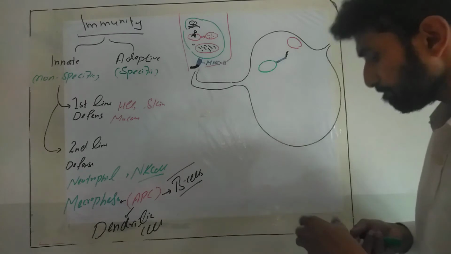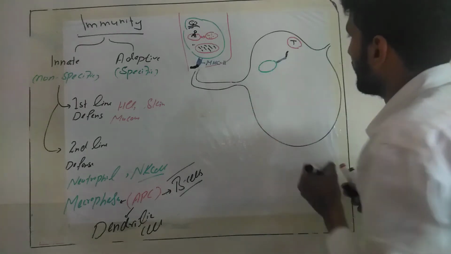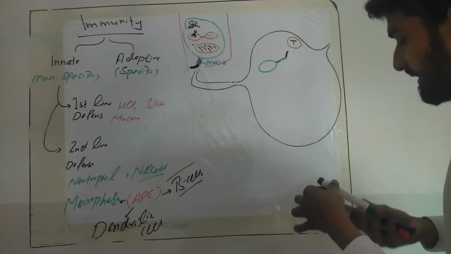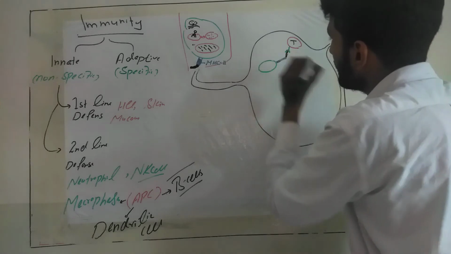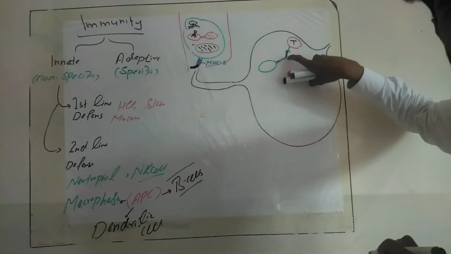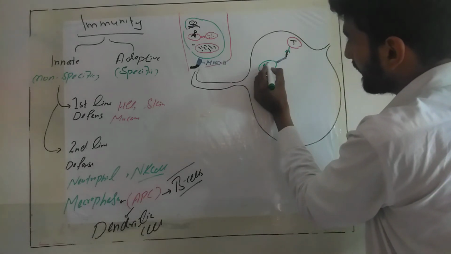Okay, so this is a naive T cell. Now what will happen? The naive T cell, or T helper cell, will have a specific receptor to identify this antigen that has been presented by the APC, the antigen presenting cell.